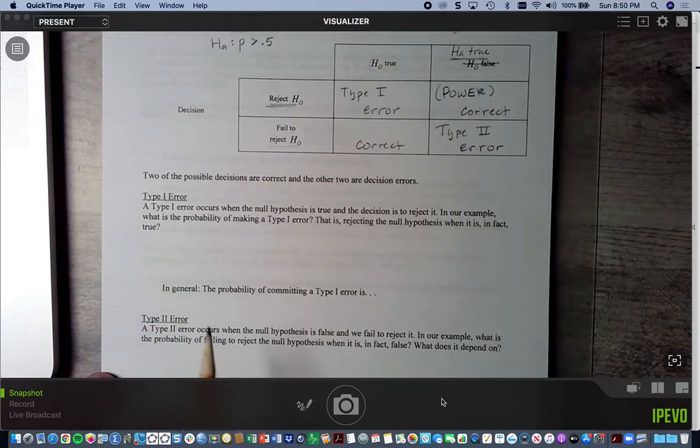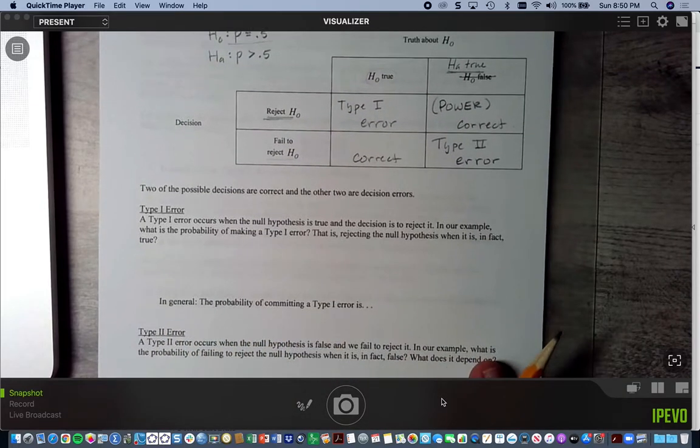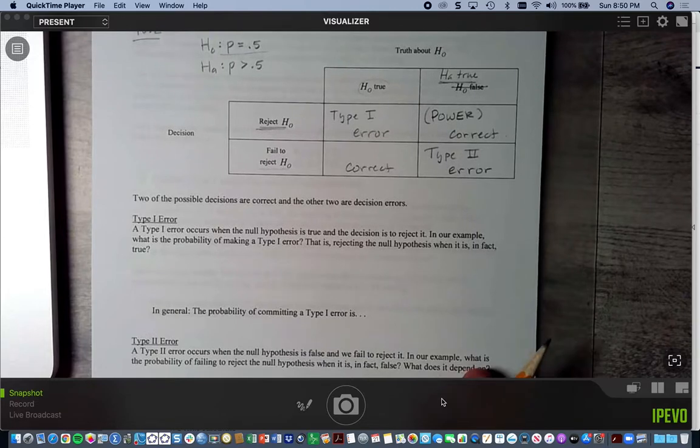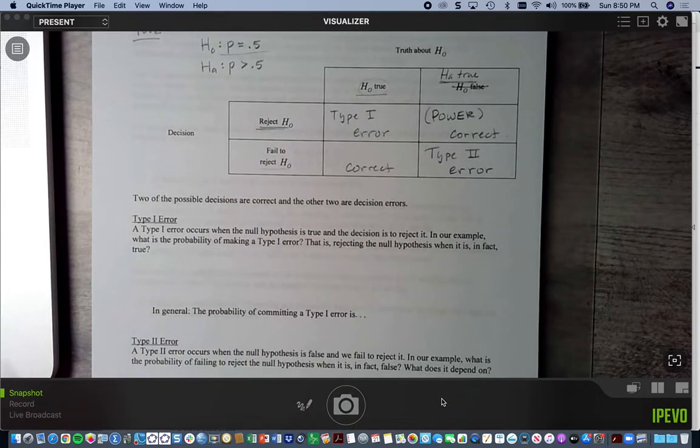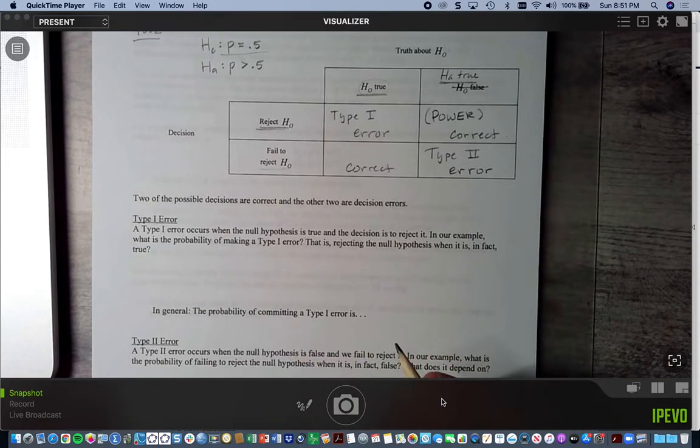Now, what is the probability of making a type 1 error? If the null hypothesis is true and we reject it, remember we reject the null hypothesis if our p-value is small enough. So the probability that we get a p-value that's small enough when the null hypothesis is true is just whatever the alpha level is.